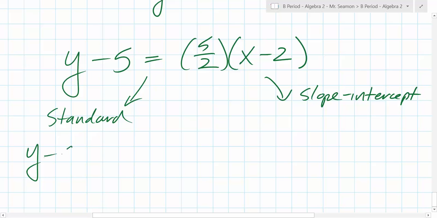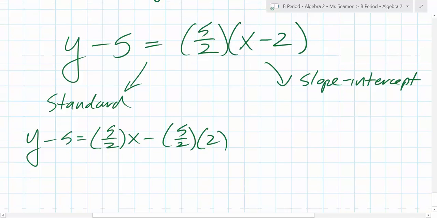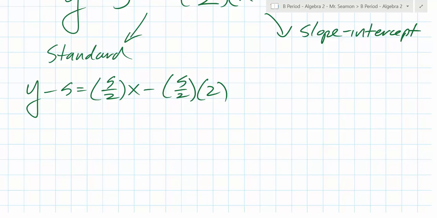y minus 5 is equal to 5 over 2x minus 5 over 2 times negative, well, times 2. I put the negative on the outside, yep. Times 2. What would you then need to move? Or what would you want to clean up next? Or combine like terms and then subtract 5 over 2. We could subtract 5 over 2x.